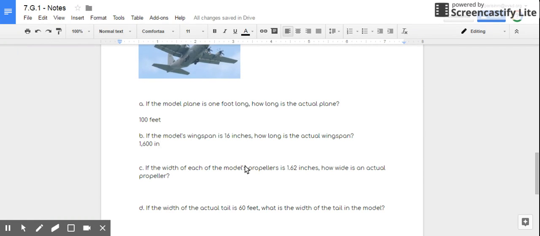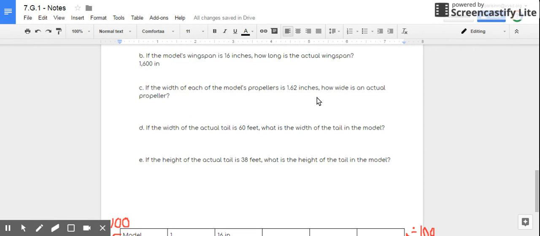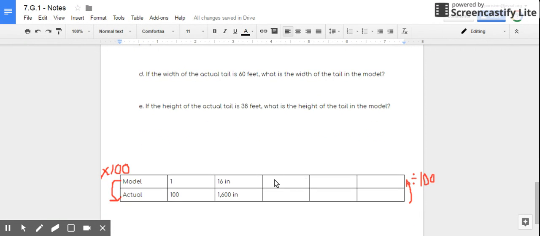Now part C. If the width of each of the model's propellers is 1.62 inches, how wide is the actual propeller? Again, we're given the model is 1.62 inches, so the model is in the numerator. Just in case we forget our label, you can also label it in your table.